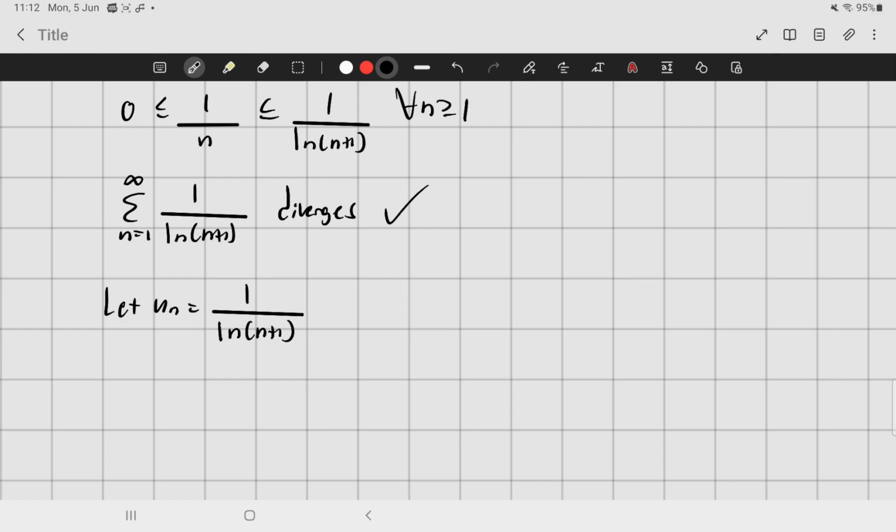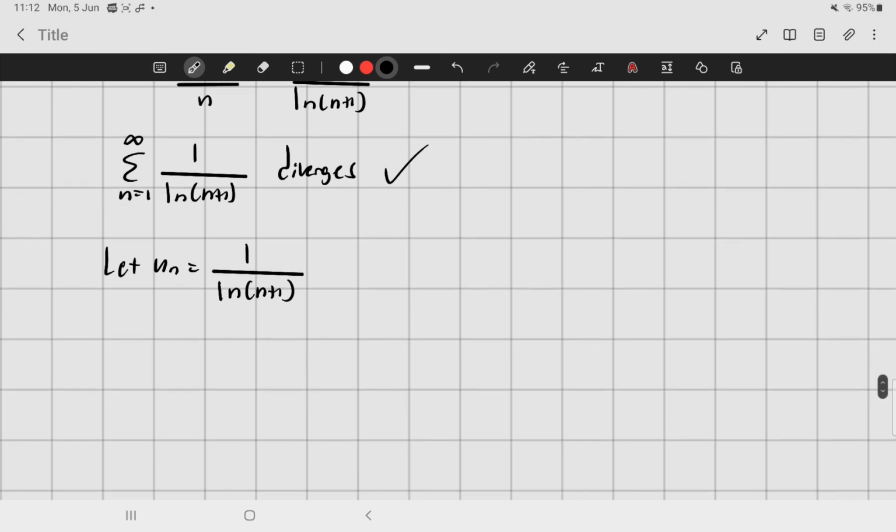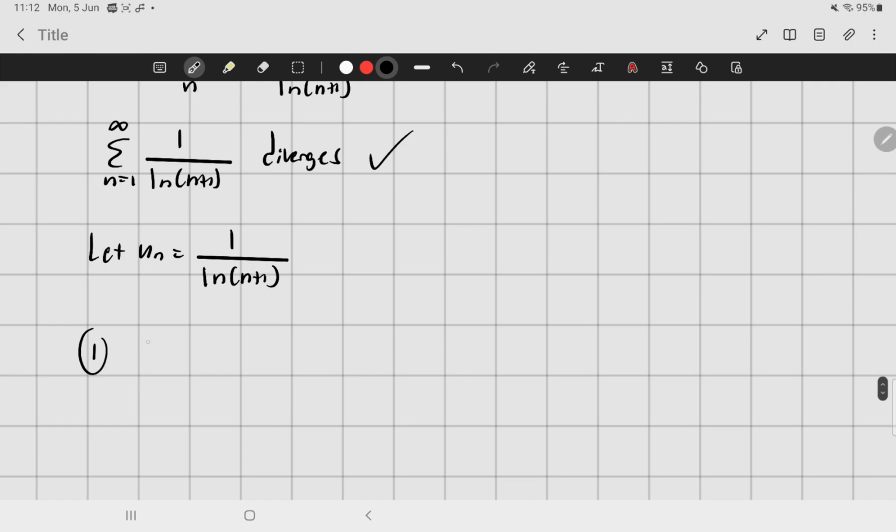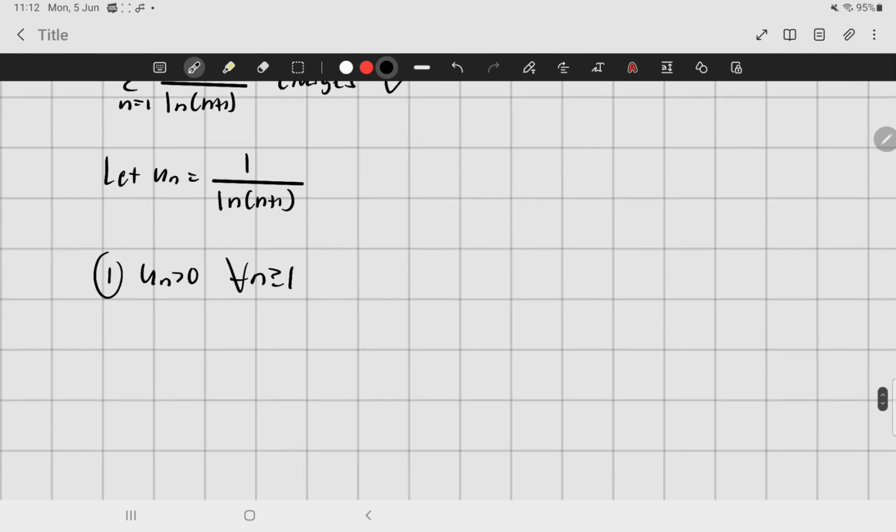So here let u_n equal 1 over ln n plus 1. Now we know that this will always be positive for all n larger or equal to 1. Number 2, you want to show that this is larger than the next consecutive term. So as usual, you solve it algebraically. There are two ways.